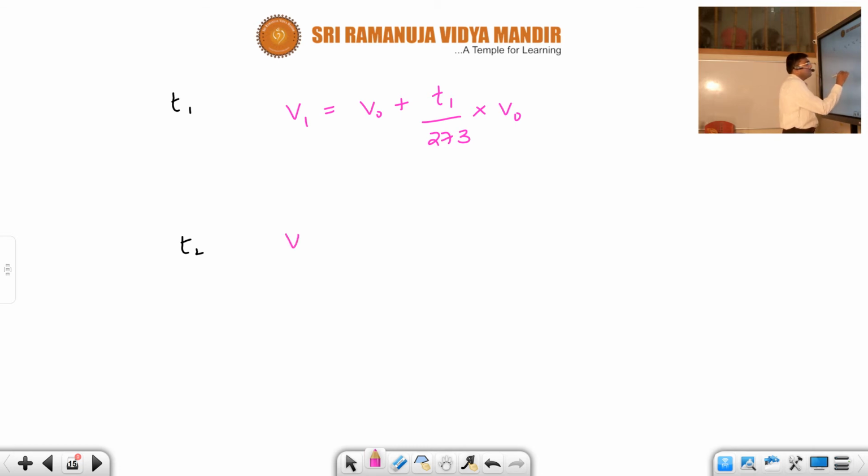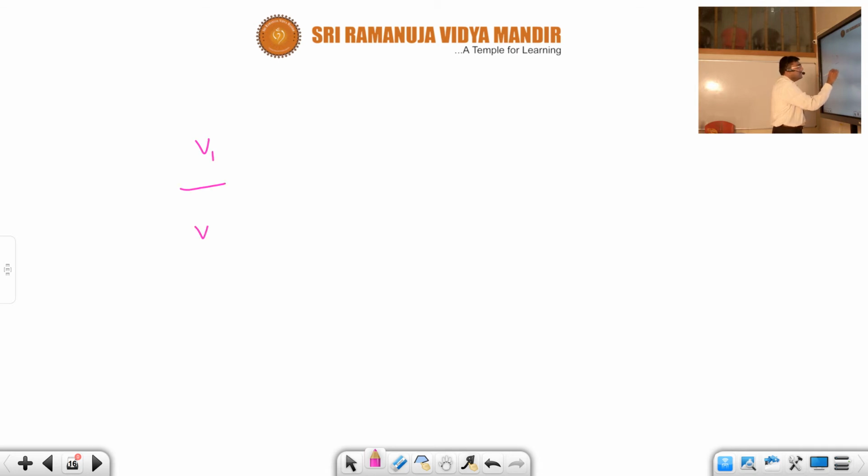Similarly, for T2, V2 is equal to V0 plus T2 by 273 into V0. These are the two different temperatures you have written. Now have a look, students. Now let us divide V1 by V2. So V1 by V2 is equal to, how to write? Let us see.